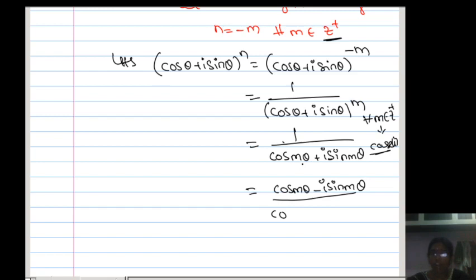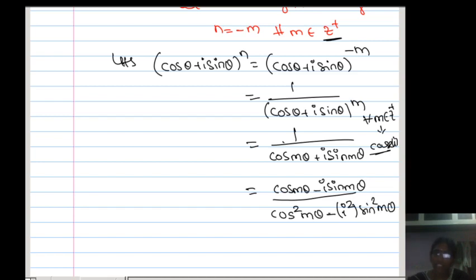Using the formula (a + b)(a - b) equals a squared minus b squared, if you simplify, a squared is cos squared m theta, minus i squared sin squared m theta.